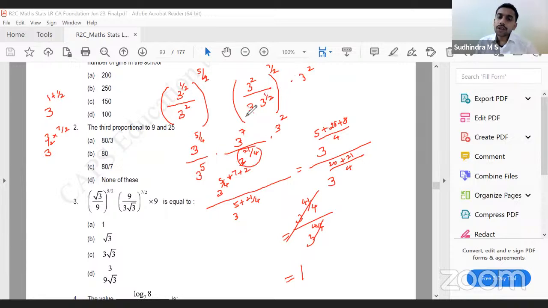Here we have 3 into 3 to the power 1 into 3 to the power 1 by 2. 3 to the power 1 into 3 power 1 by 2 would be 3 power 1 plus 1 by 2, 3 power 3 by 2. So 3 power 3 by 2 whole power 7 by 2 would be 3 power 3 by 2 into 7 by 2. 3 sevens are 21, 2 twos are 4. So 3 power 21 by 4.